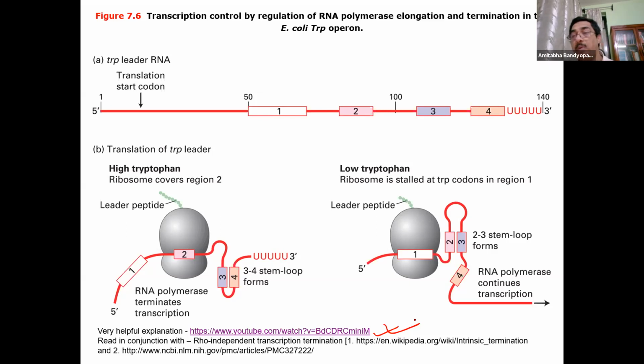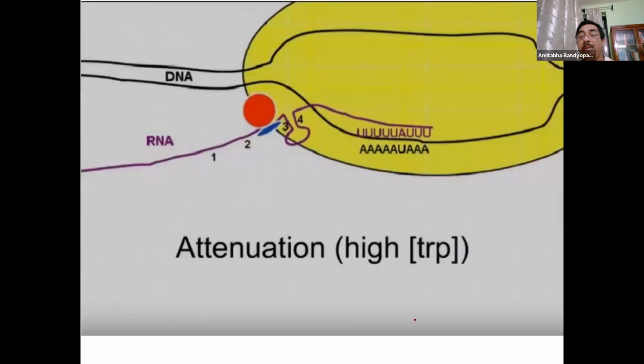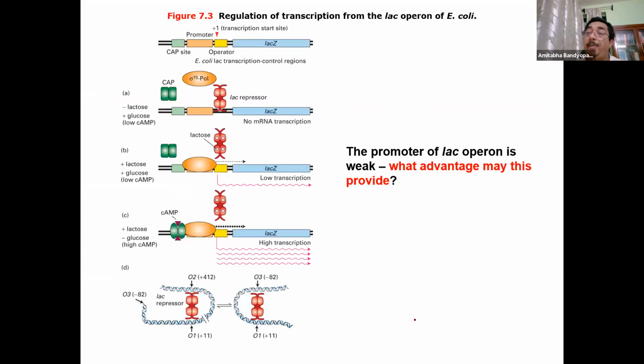The leader sequence will have codons for that particular amino acid. Lac operon, on the other hand, is an inducible operon. Okay.